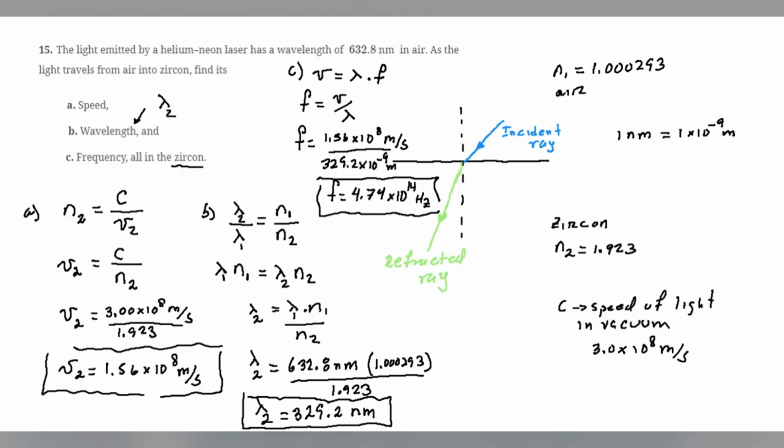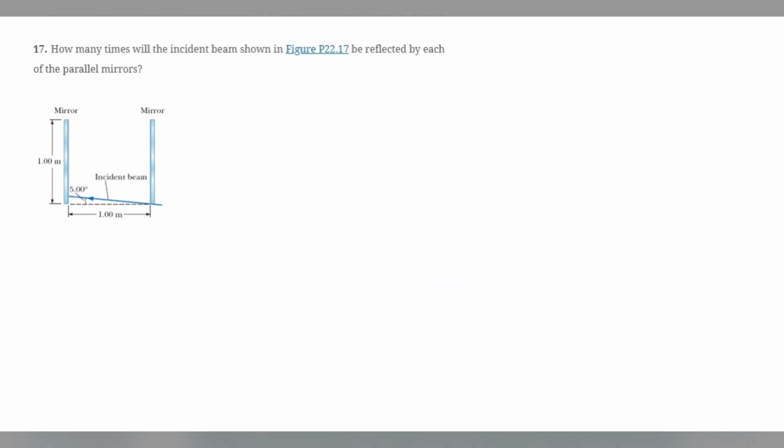Let's try to solve the next exercise. This next exercise is very interesting because we have two mirrors that are parallel, and those mirrors are at a distance of 1 meter.